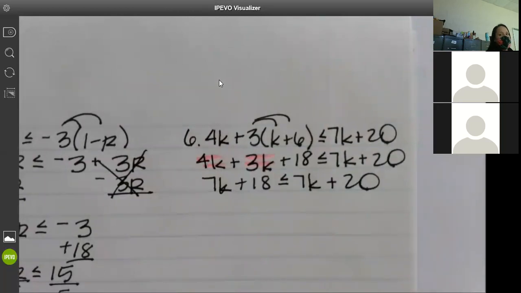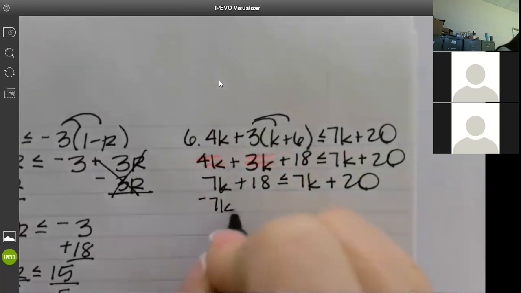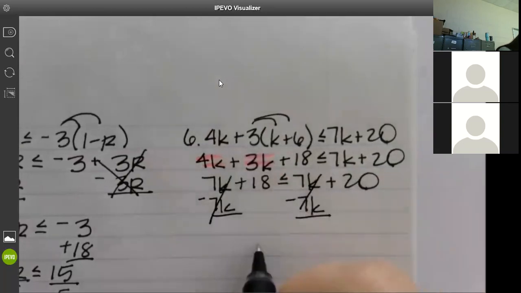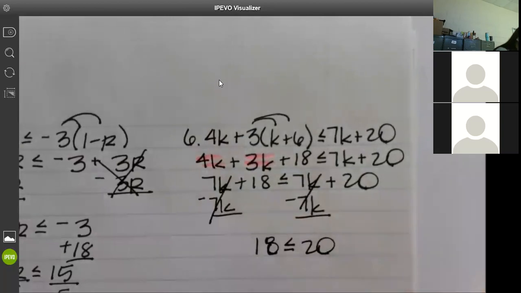How do I solve? When I have variables on both sides, what do I got to do? Subtract one of them. These both happen to be the same, so they cancel out, and check out what we get. 18 less than or equal to 20. Remember, we had this with equations.